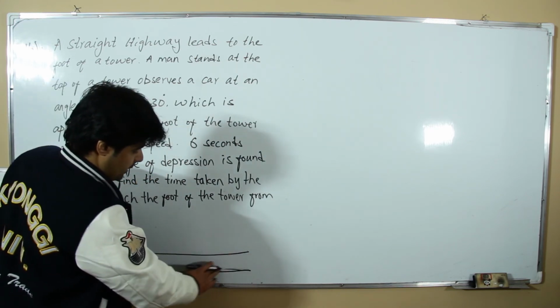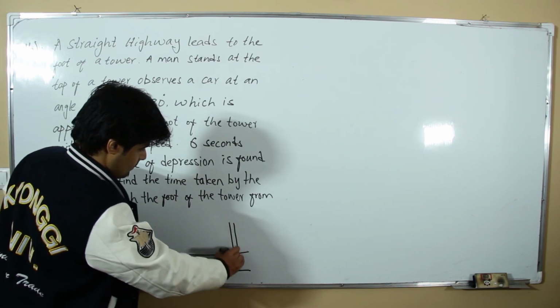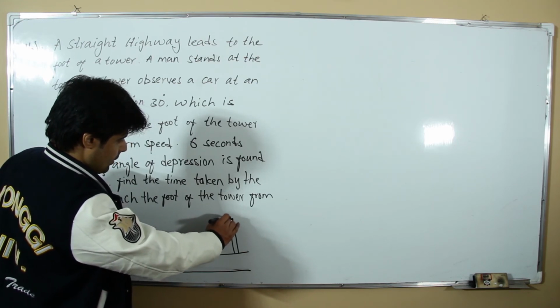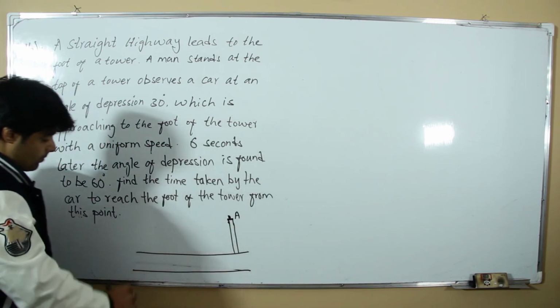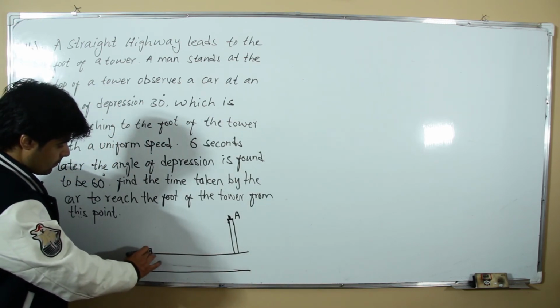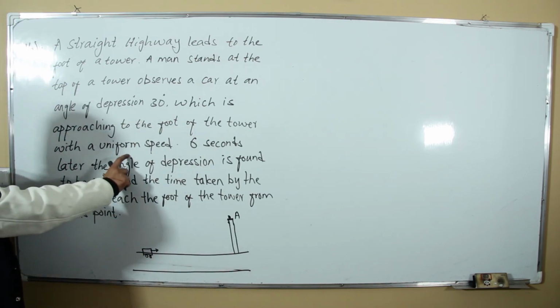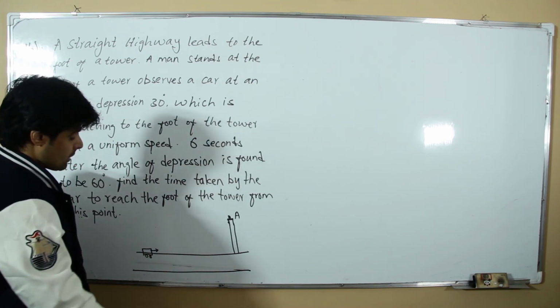We have a tower here. This is the tower. A man is located at this point, which is A. He observes a car here. This is a car with a uniform speed. It means the speed is not changing, increasing or decreasing.